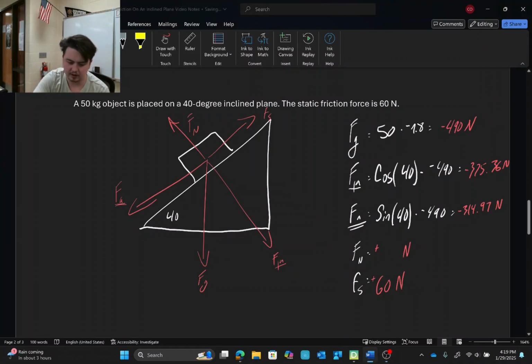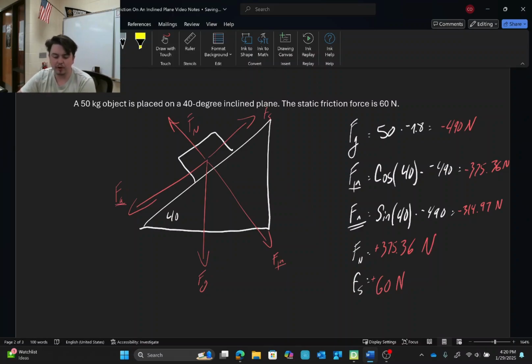He's on autopilot. Pay no attention to the man behind the curtain. That should be positive 375.36. Ain't nothing wrong with making mistakes, so long as you can identify them. So our normal force, remember, is equal and opposite to our perpendicular force, which gives us positive 375.36.